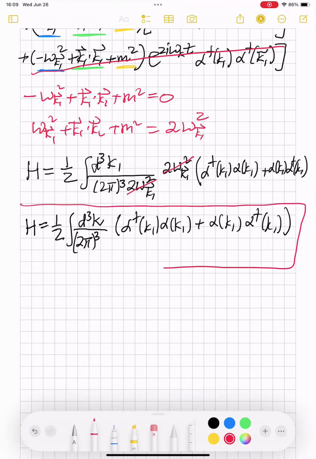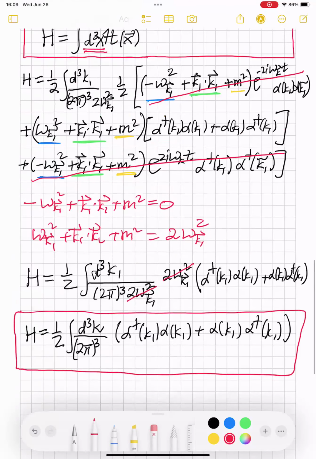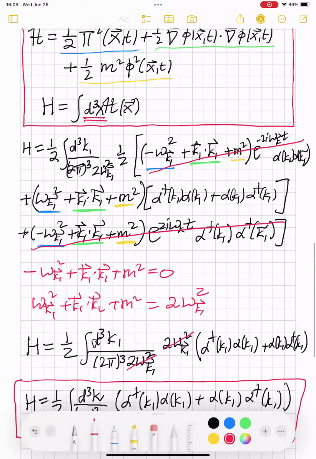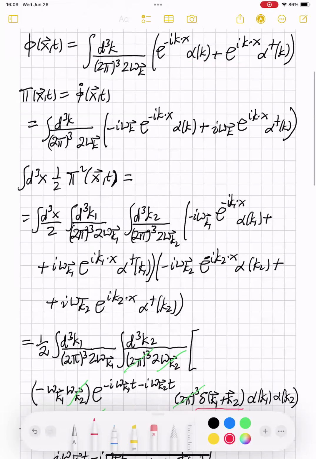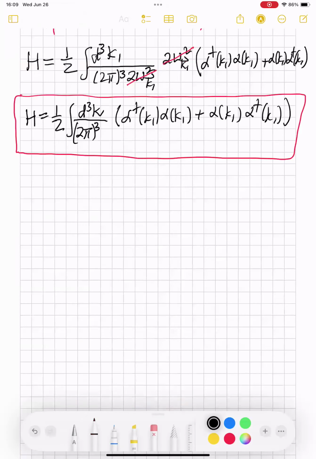And I just want to stress one thing. The only place where you really had anything to remember was in the very first step when we did the integral over x. And remember that when we did this integral over x, we used the answer for the integral of an exponential. The formula that we used, and I really want you to commit this to memory because it is such a useful formula, tells us that the integral d3x of e to the i k dot x, so please remember this formula, is 2 pi cubed times delta of k.